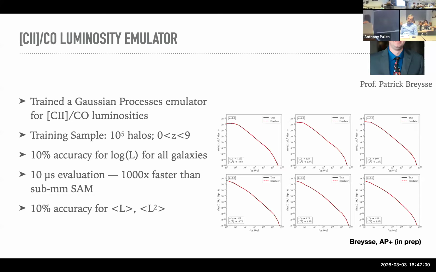We could do this directly with the SAM, but even though the SAM simulating model is much faster than doing a hydrodynamic simulation, it's still not fast enough, particularly if you wanted to do a Monte Carlo Markov chain analysis. To get around this, my former postdoc, Patrick Breysse, who's now a professor at Southern Methodist University near Dallas, built a Gaussian process emulator.